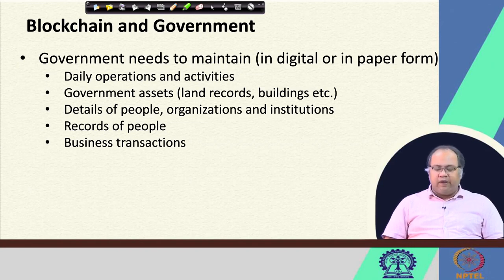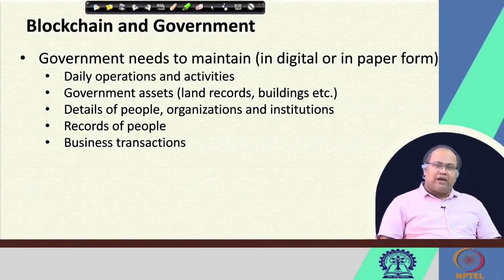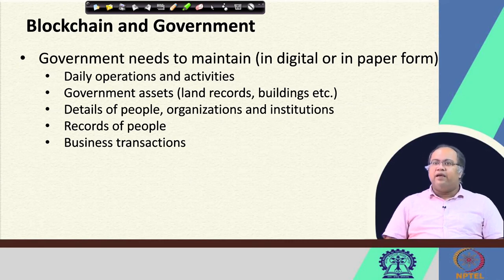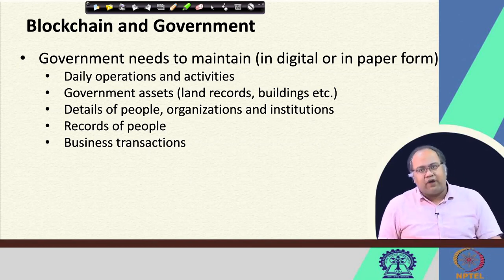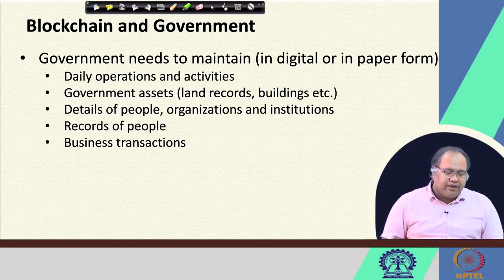Then the details of its people, organizations, the different institutions, the records of people, the business transactions that are done by the government and so on. So, that way there is plenty of data that actually characterizes the current economy, the current status of a particular country.